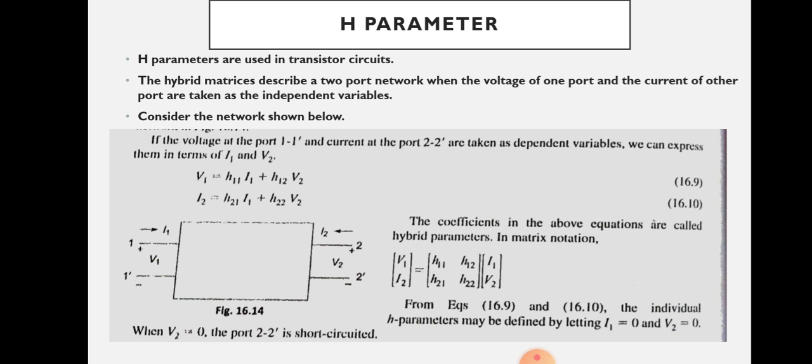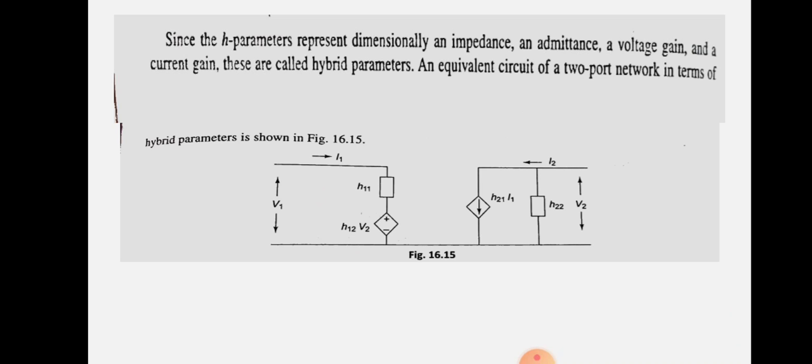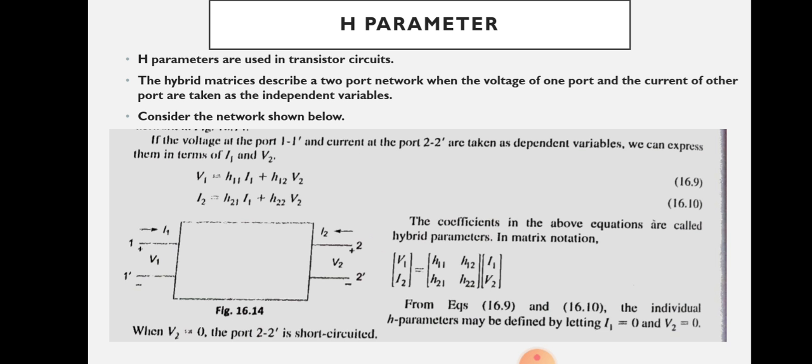And the next term, since it is a voltage, can be represented by a dependent voltage source. So H12 V2 represents the dependent voltage source, shown here. When we go to the output section, I2 will be equal to this equation. Each term here is a current.